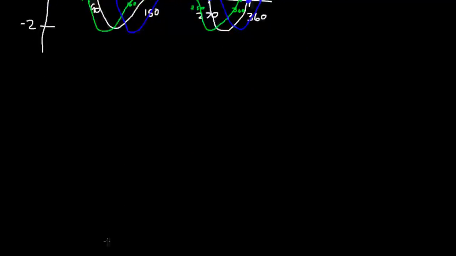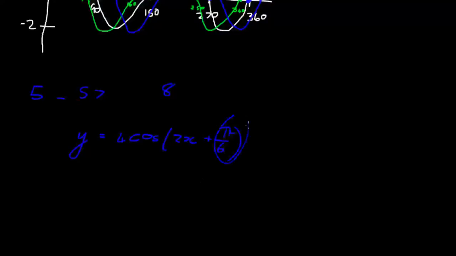One thing to note, on page 5-57, example 8, you'll see they ask you to draw the graph y equals 4 cos(2x plus pi over 6). Just note here that this is now radians.